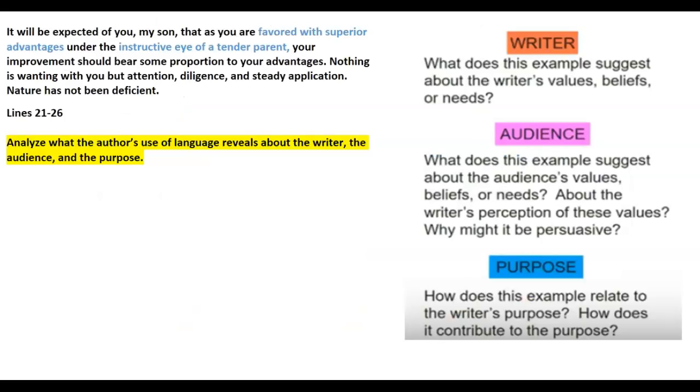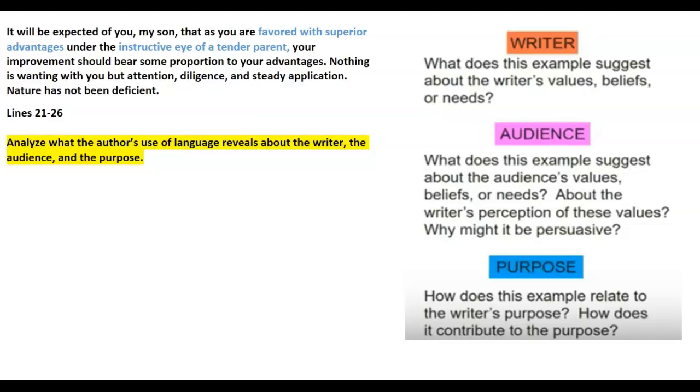Okay, I have moved the format to this OneNote so I am able to annotate on the passage and also show you the questions that we're going to use to guide our thinking. You should have attempted this on your own. If you have not, I really encourage you to pause the video and do that. But we're going to read this one more time, and then we're going to think about how the word choice pertains to the writer, the audience, and the purpose.